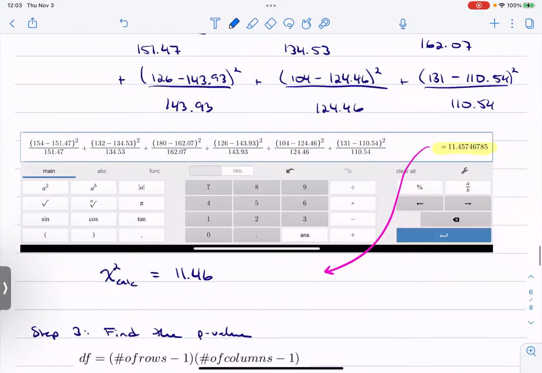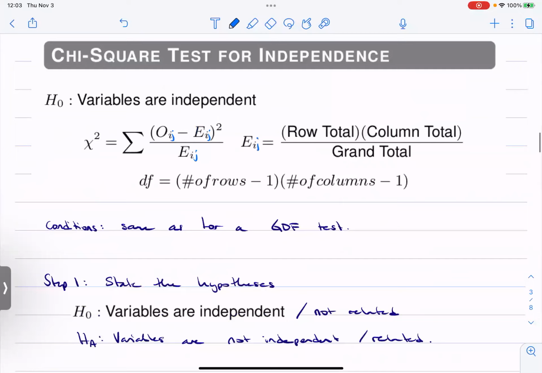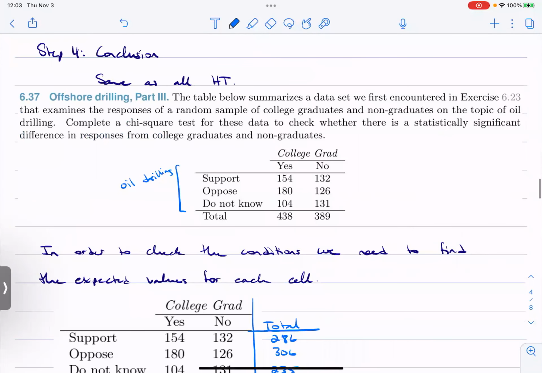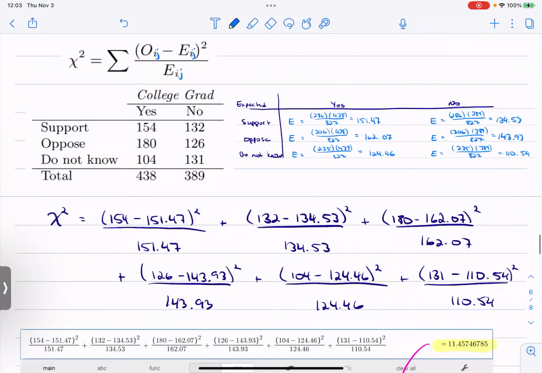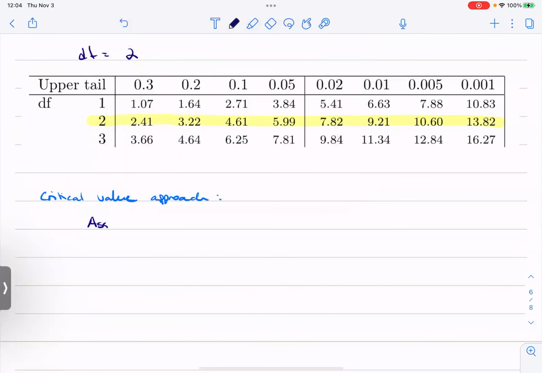Now, I don't think that this question gave me an alpha level, which means it's the default, 0.05. There's no alpha level given, so we'll use 0.05. So I'll just make a note here. Assume alpha is 0.05.